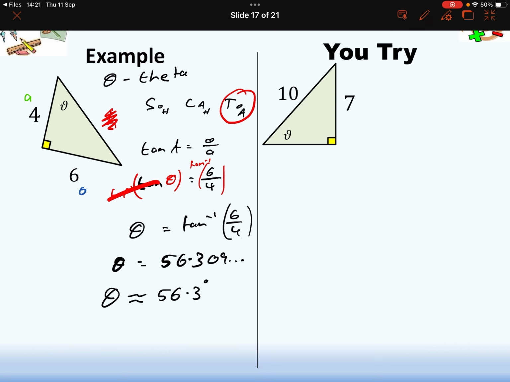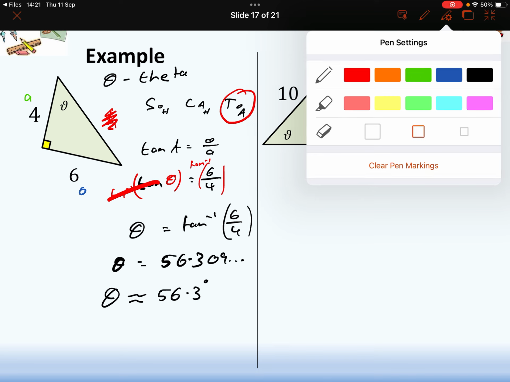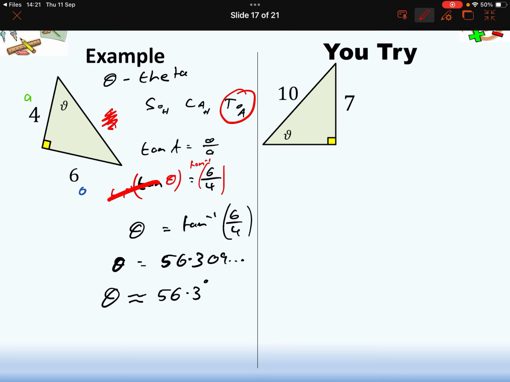So go ahead and try this example yourselves. All right, once again, I'm going to label my sides. I will move a little bit quicker this time. So this is my hypotenuse. It's opposite the right angle. This is my opposite. It's opposite the theta. And I'm not going to bother with the last one.